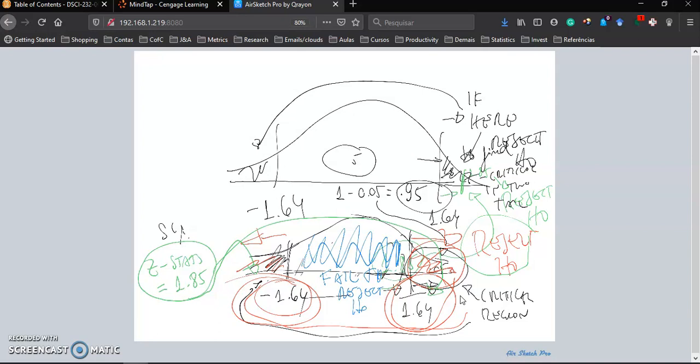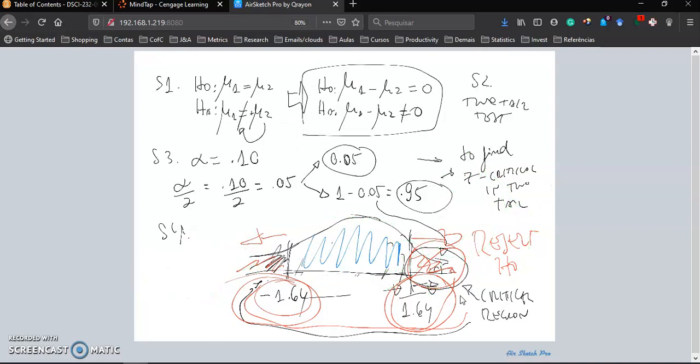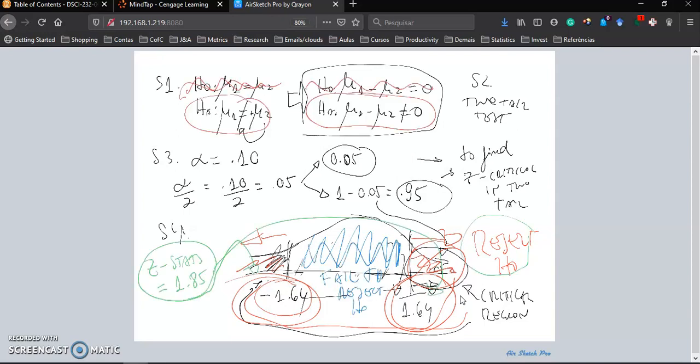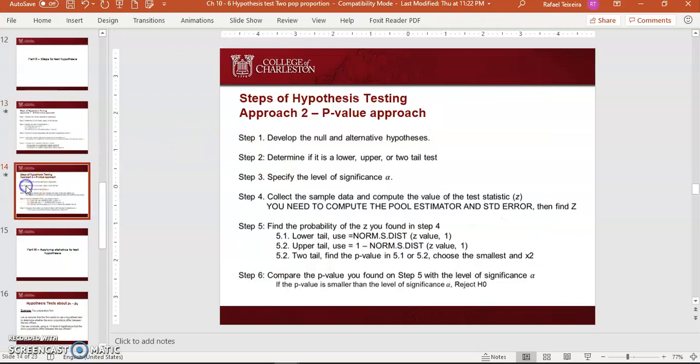I was rejecting the null hypothesis and concluding in favor of the alternative hypothesis, which means that these two offices differ. Let me go back to the slides and go over the p-value approach.